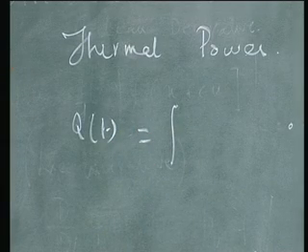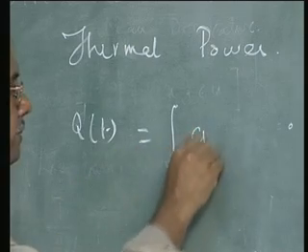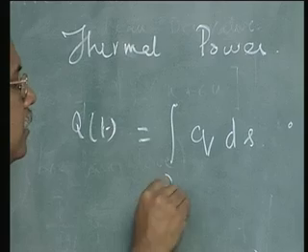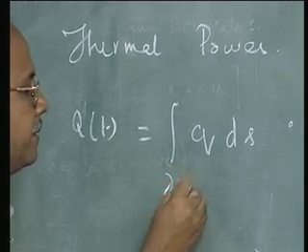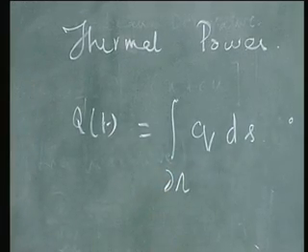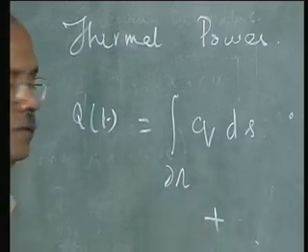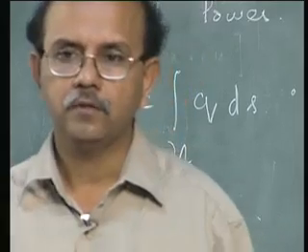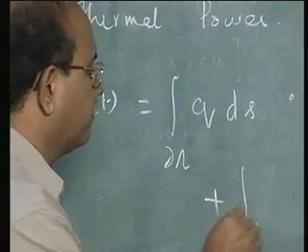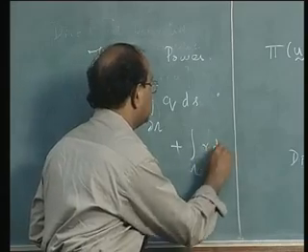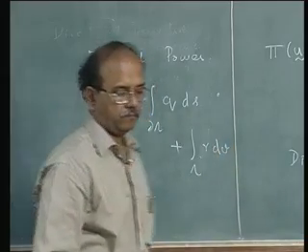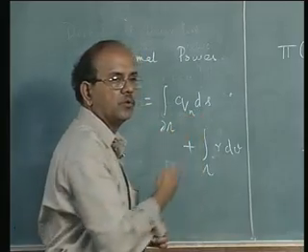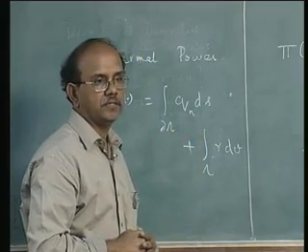For example, it can be given as Qn ds over the boundary, dou omega, plus an internal generation term, which can be defined as r dV. Actually, we define this as Qn, to note that it is Qn ds.